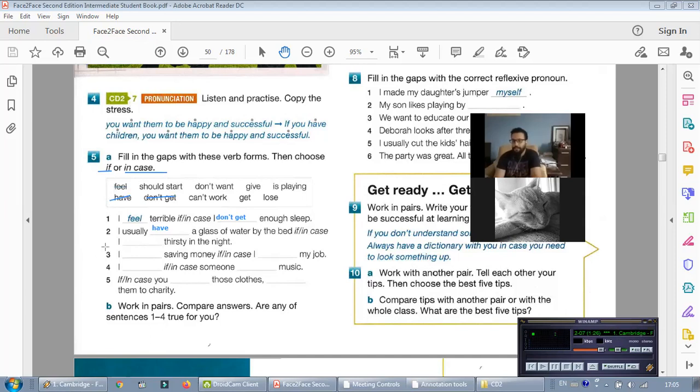Don't ask me. You need to decide. But my advice, Ibrahim, is to finish the gaps first. It doesn't matter for now if it's if or in case, just fill in the gaps. I get, you got. Why got? And why get? And which one is the right one, which one isn't? According to the rule. What did the rule say when we were doing the rules?